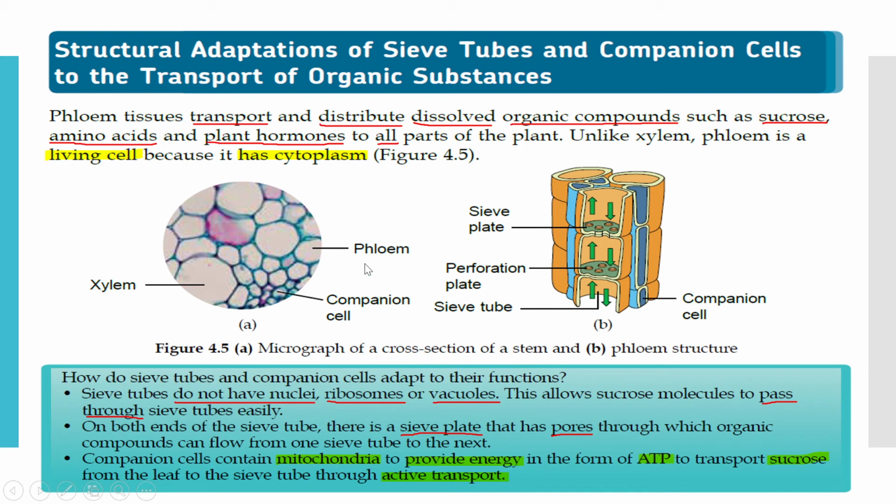Now, under these phloem tissues, you have the sieve tube and also the companion cells. Okay, here you can see there is a perforation plate. Perforation plate, I'm not sure what the term is in BM, but perforated means there are holes. Okay, with holes, so you expect something to pass through. So there's also this sieve plate. By the name itself, sieve tubes.